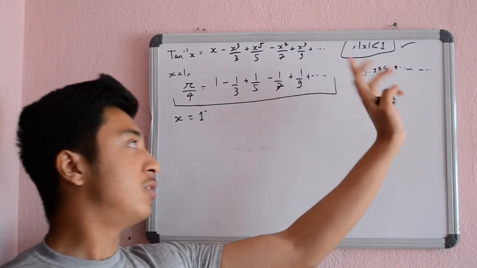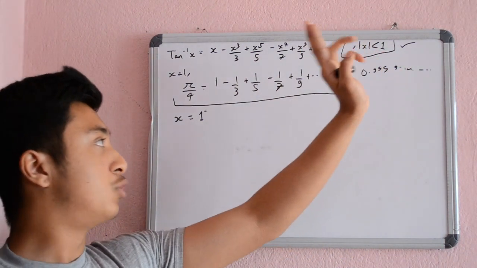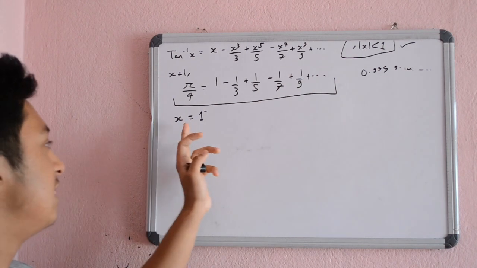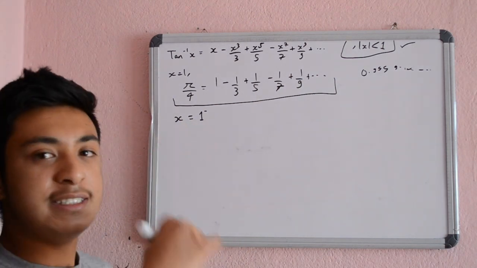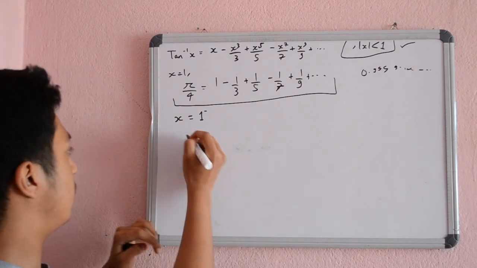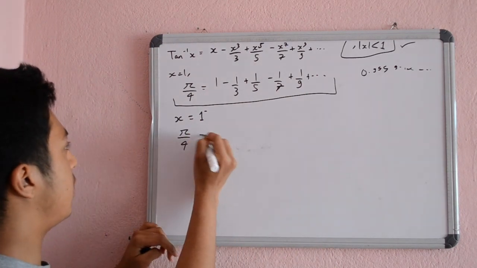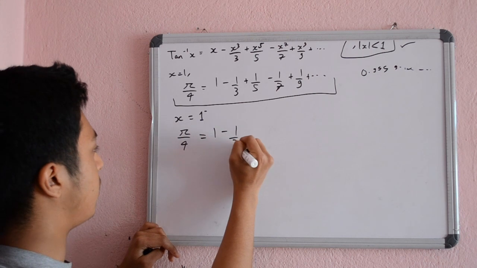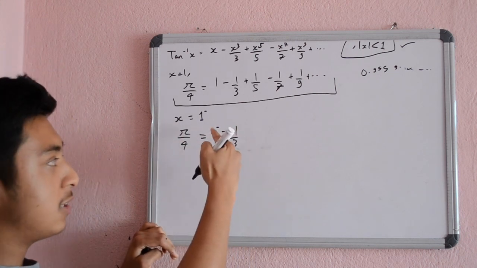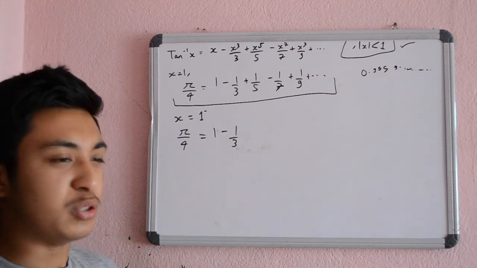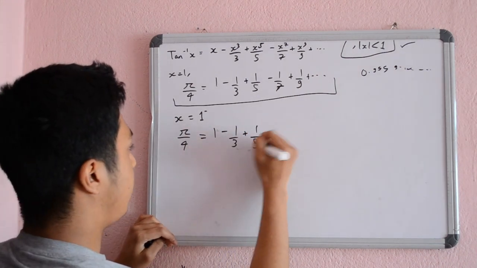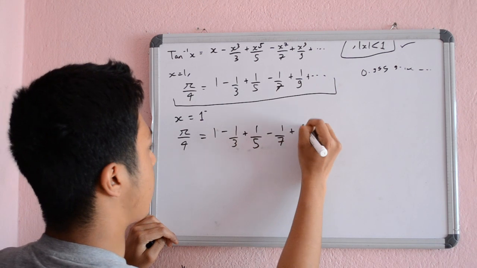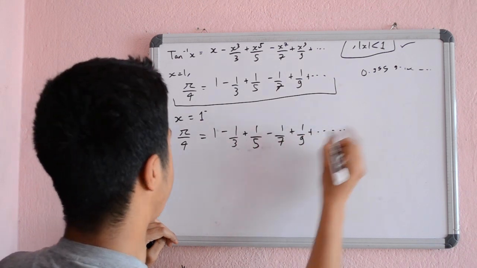And since this is actually less than 1, it is true for this condition, and since it is very close to 1, we can in fact write it as tangent inverse of 1, which will still be pi by 4, and it will be 1 minus 1 by 3. Yes, 1 minus, but since 1 minus is so close to 1, we can write it as 1 by 5 minus 1 by 7 plus 1 by 9, and so on.